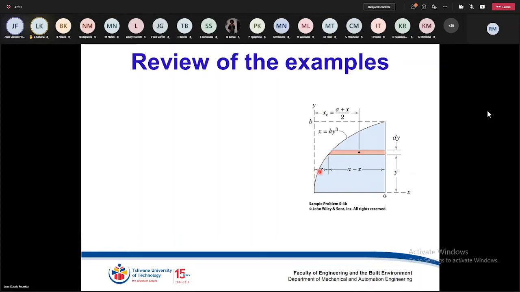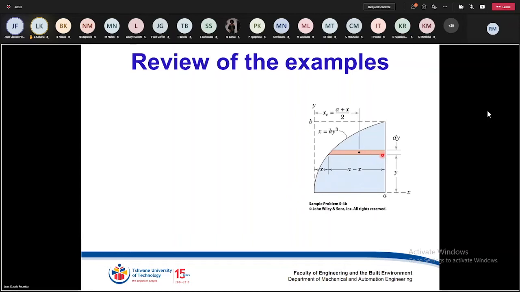Let me name that short distance x. By doing so, I'll be able to work out the length of my stripe. So if I call that shortfall distance x, the length of my stripe will be a, which is my distance at the bottom, minus x.